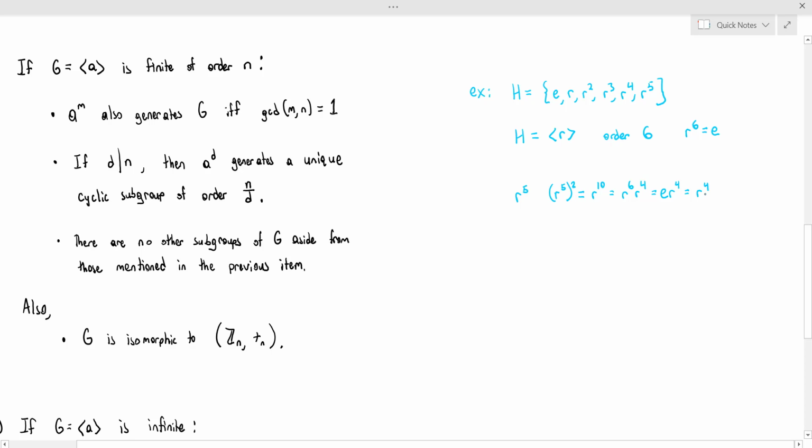So we started with r to the 5th, and when we raised it to the power of 2, we got r to the 4th.